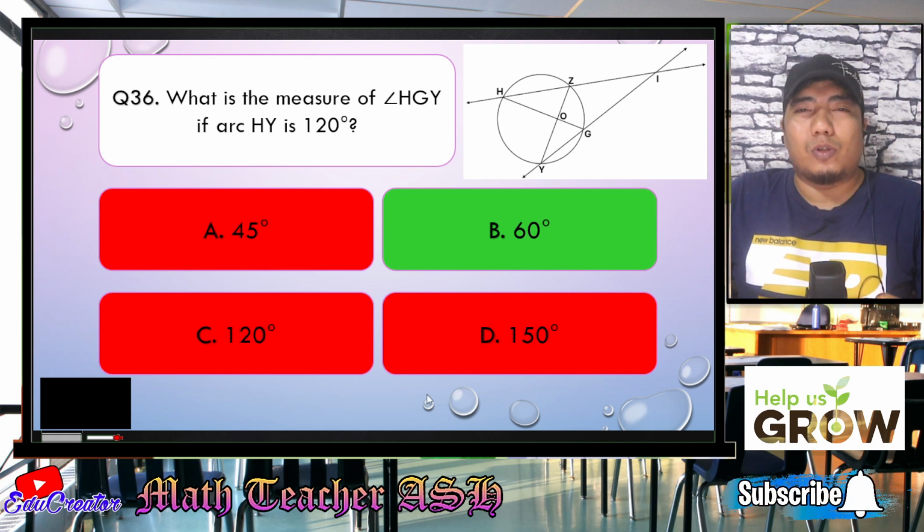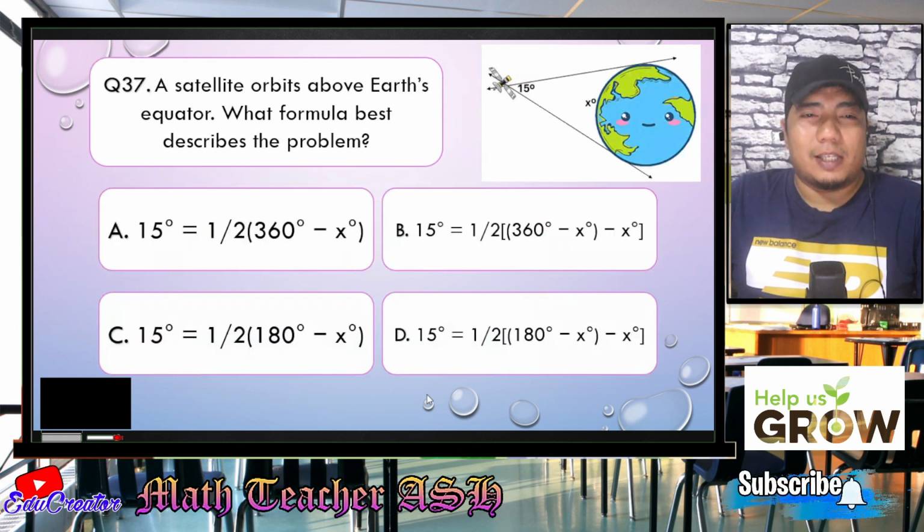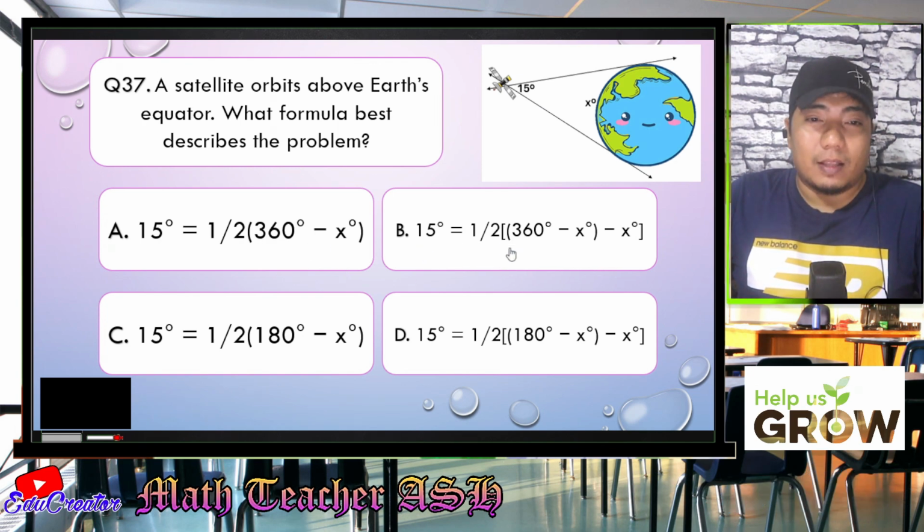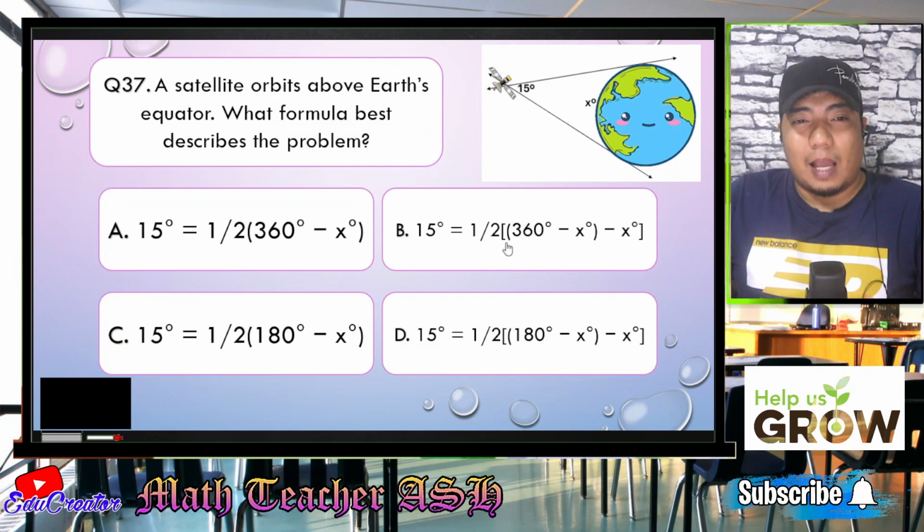Now let us go to question number 37. A satellite orbits above Earth's equator. What formula best describes the problem? Is it A, 15 degrees is equal to 1/2 times the quantity 360 minus x? B, 15 degrees is equal to 1/2 times the bracket of the quantity 360 degrees minus x degrees minus x degrees.